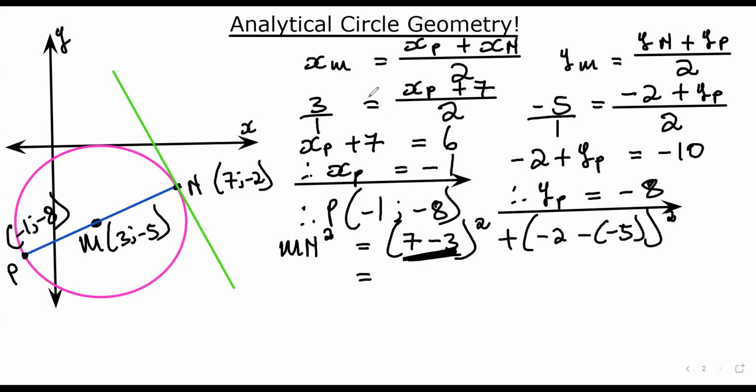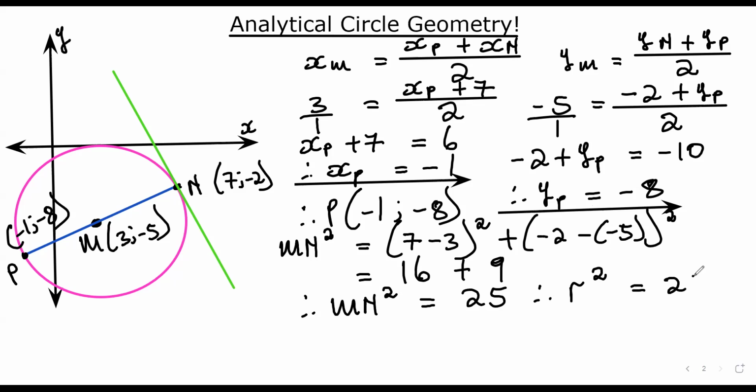Then we say 7 minus 3, but it's just going to be 4. And 4 squared is 16. Negative times negative 5, it's positive 5. And negative 2 plus 5, it's 3. And 3 squared is 9. So if you say 16 plus 9, well, you simply get 25, which means your r squared is just going to be 25. So now we can go ahead and find the equation.